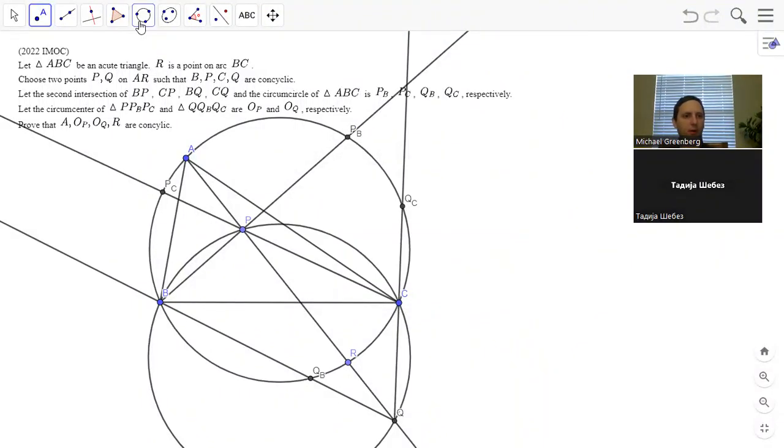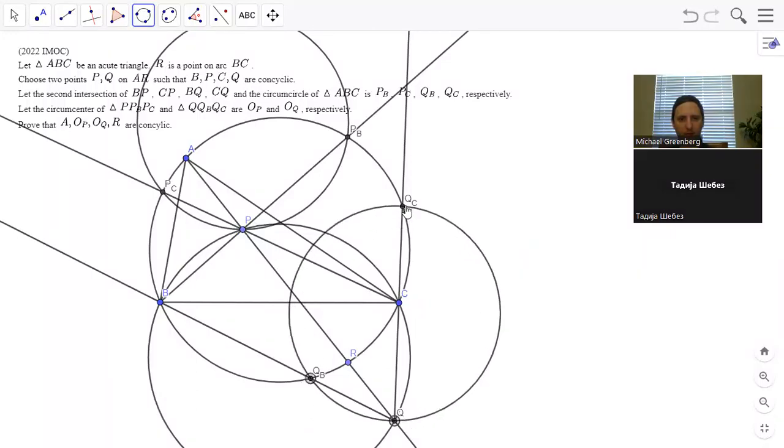And then we draw P, PB, PC, and Q, QB, QC, and we draw the centers of those circles.